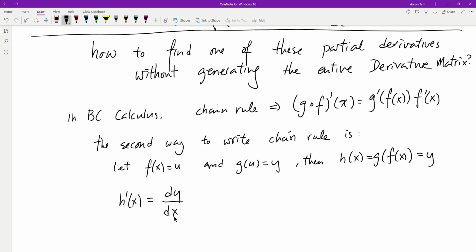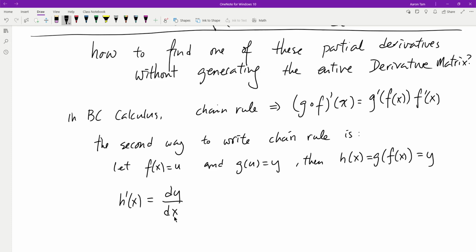Why is it dy over dx? Once again, think this way. Because h defines the relationship between x and y, therefore the derivative would tell us how x changes y. That's why I call it dy over dx. It's the bottom variable, which is the independent variable, and how it changes the upper variable, which is the dependent variable. So in this case, dy over dx basically reads how x changes y.